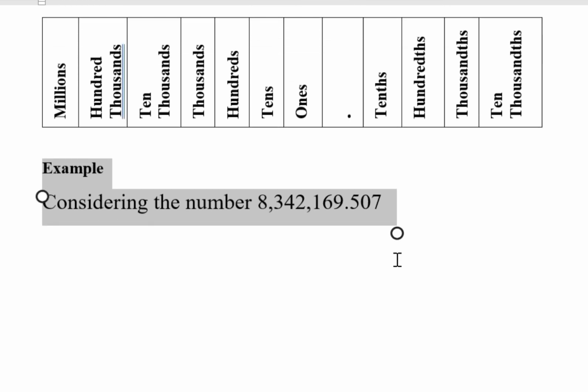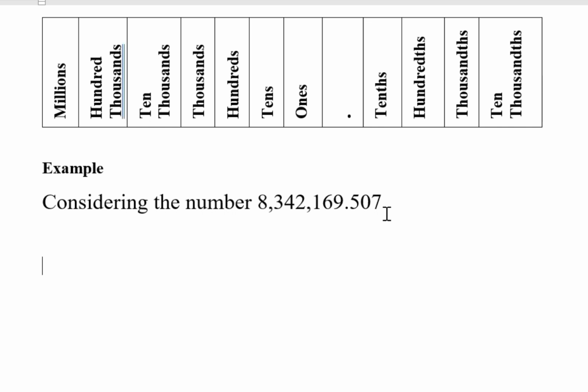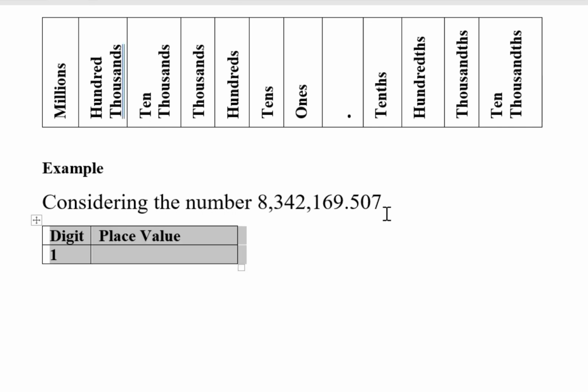So we have this example here. Considering this number, 8,342,169.507, we are supposed to identify the place values of each of these digits. We start with the first one. I've decided to identify them in order from the least to the highest.